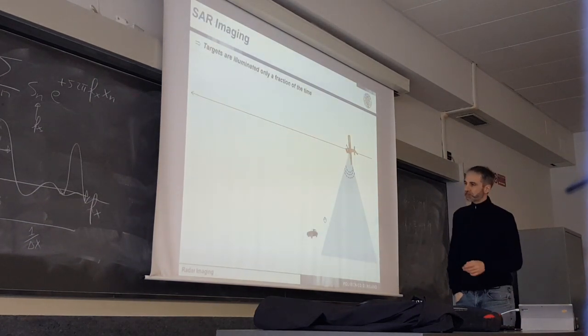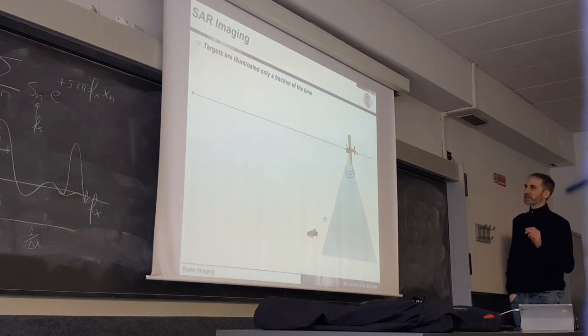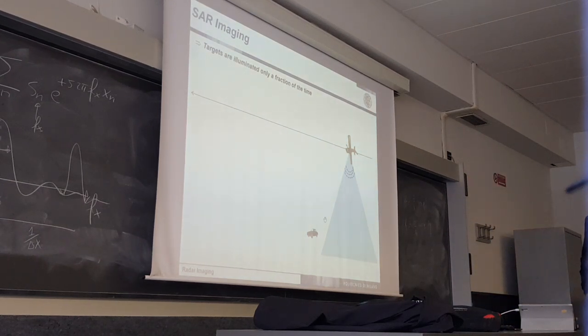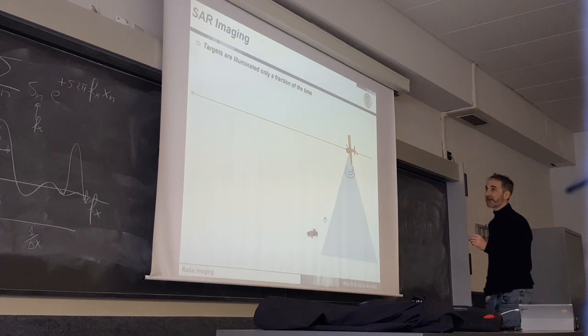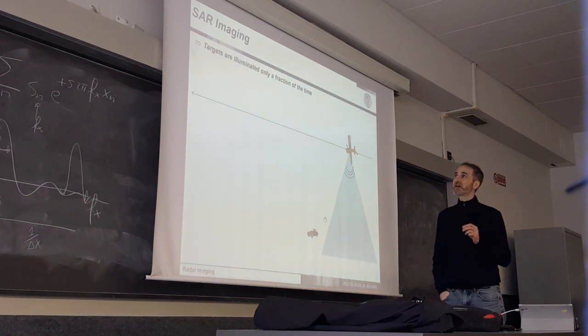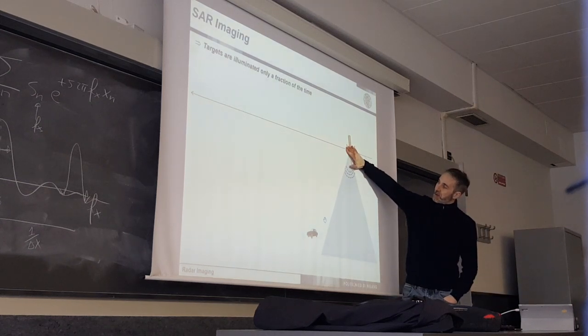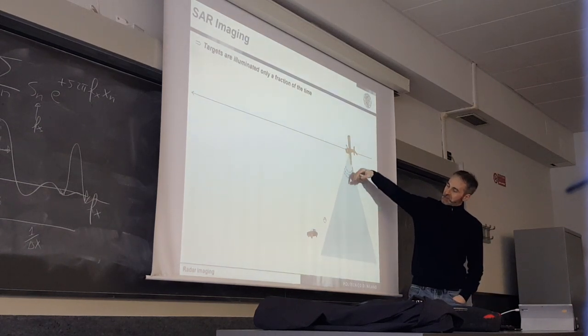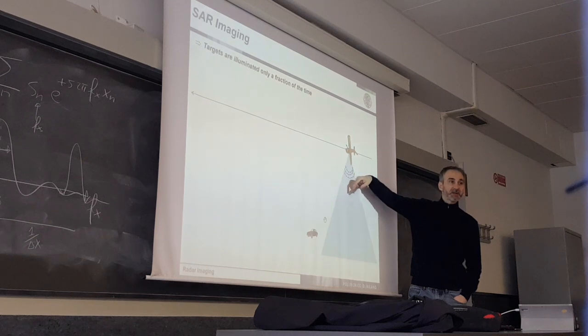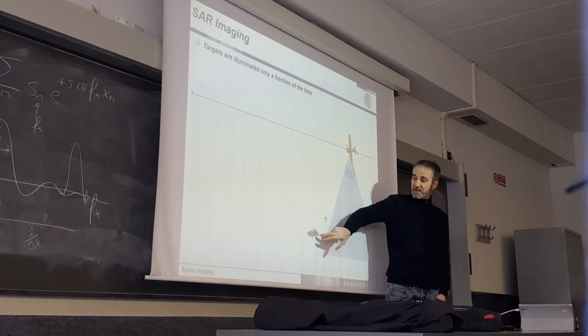The key to understand synthetic aperture radar is to see that the targets are only illuminated for a fraction of the time. So when I am emitting here, since this angular sector is limited, the target is just not responding.